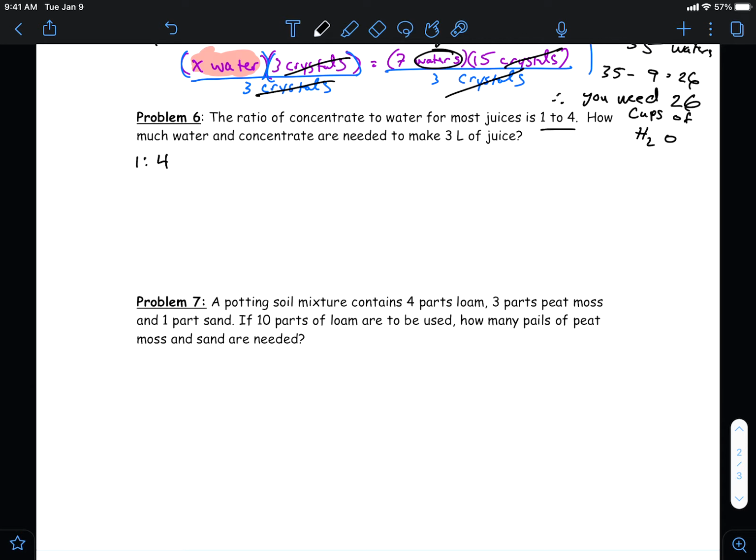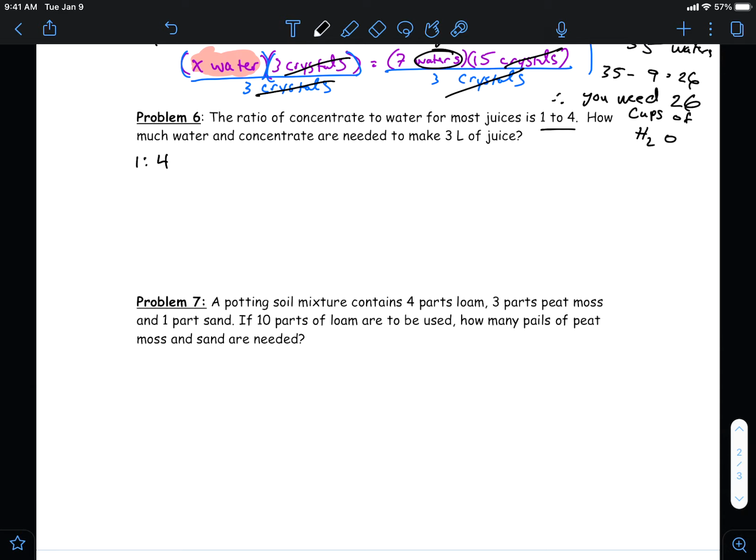Now it uses the terminology of parts, almost like how many parts are in this mixture? When you actually have a final product, like a thing of juice, how many parts are going to be in that in total? Kenneth? There's going to be 1 part concentrate and 4 parts water.